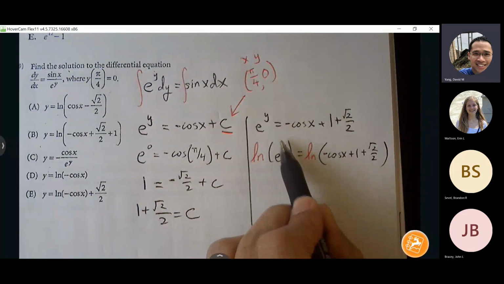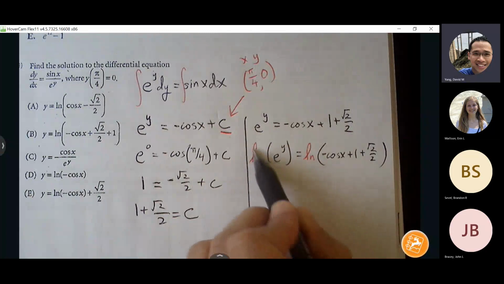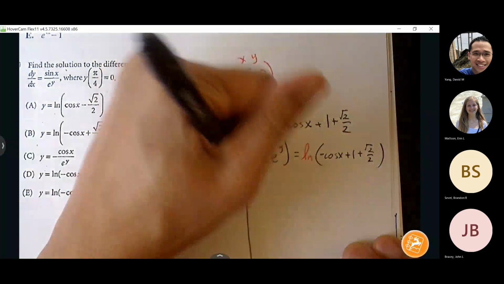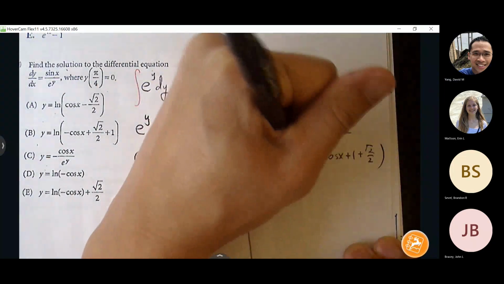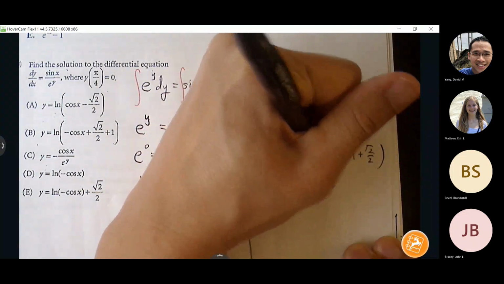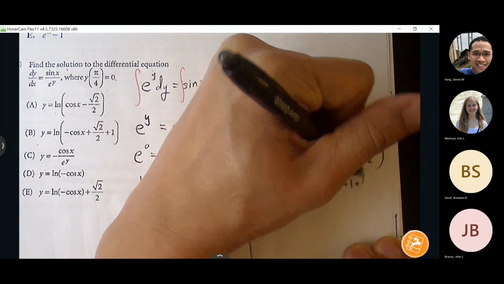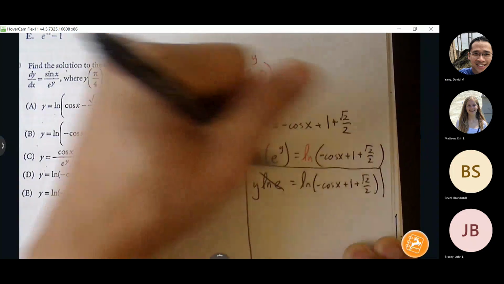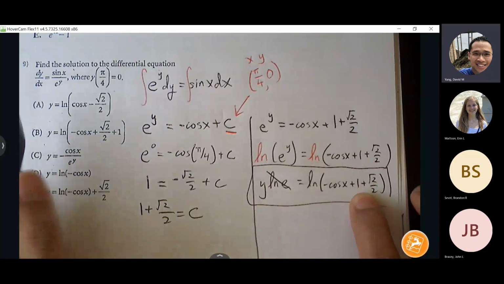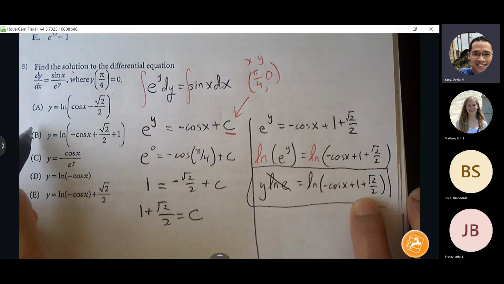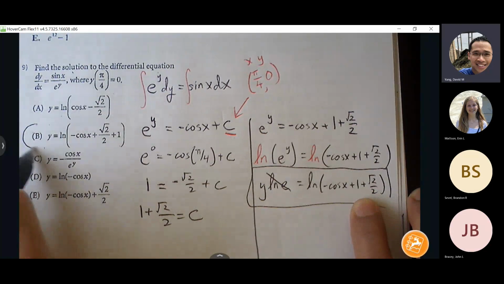Okay, push that y in front. What happens with natural log of e? Goes away. That's just equal to 1. The order of the terms is not the same as the answer choice, but that should be easy for us to adjust. Answer choice B.